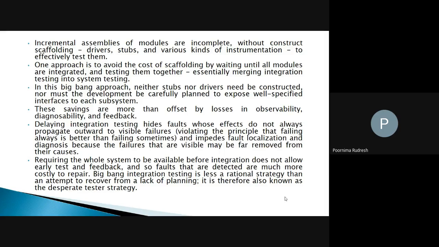Because here, delaying integration testing hides the faults whose effects do not always propagate outward to visible failures. And requiring the whole system to be available before integration does not allow early testing and feedback. So faults are detected at the end stage, and they are very costly to repair.